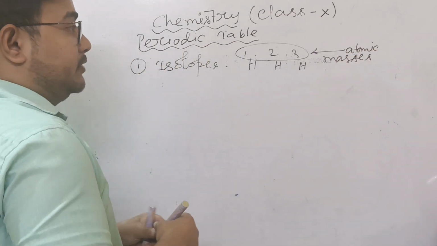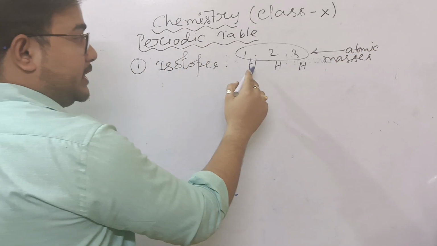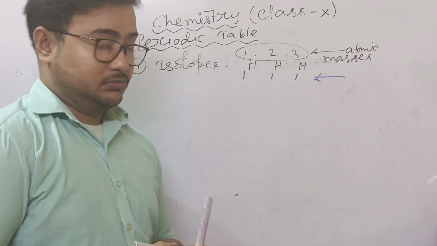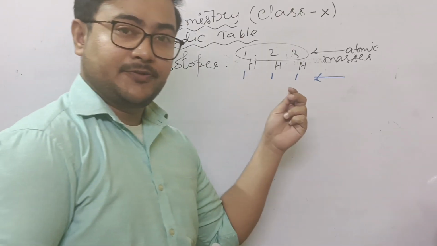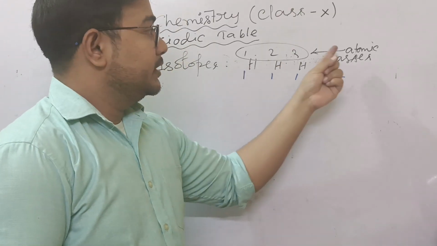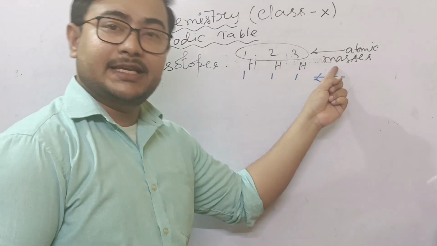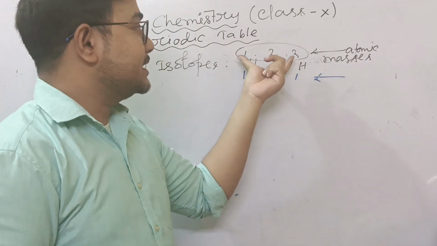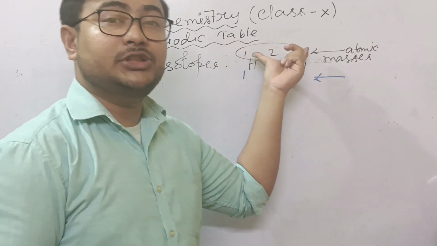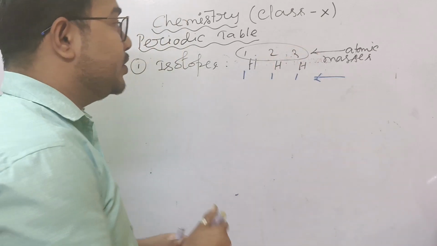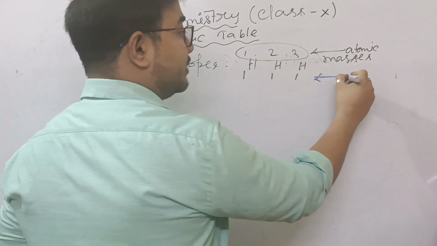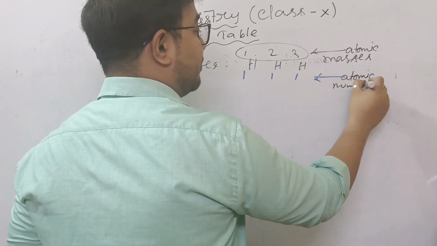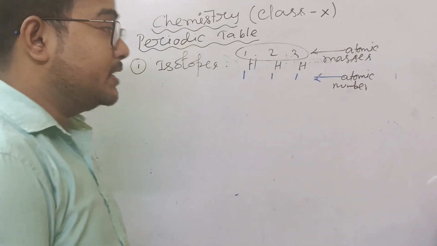Okay, now tell me, what is the atomic number of these hydrogen? 1, 1, 1. So if we arrange the elements with respect to their atomic masses, for hydrogen, since 3 different masses are there, we need 3 different positions. But if we consider this lower number, meaning atomic number, all of you know the upper number is atomic mass, the lower number is atomic number.